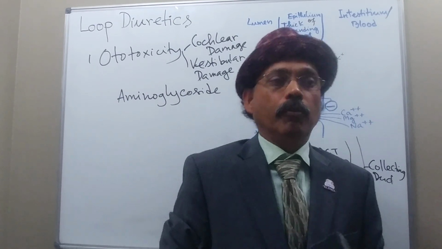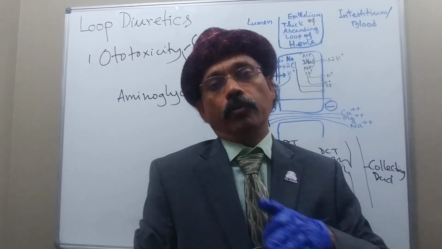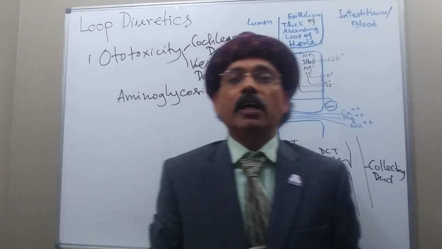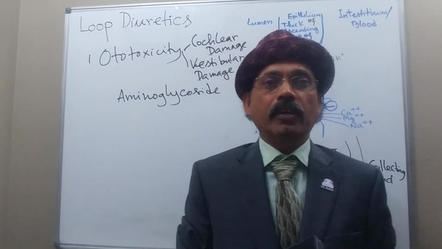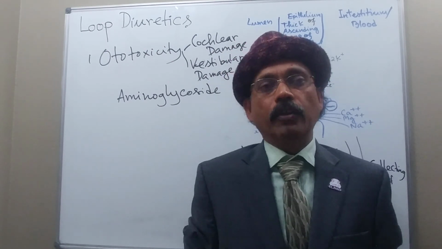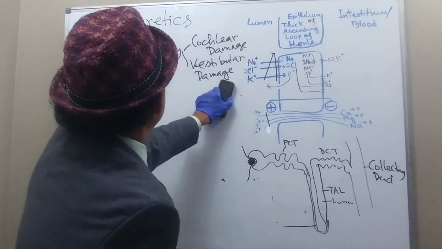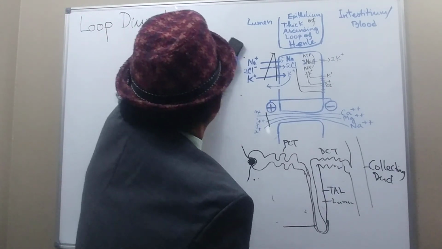So that will increase ototoxicity because they also cause ototoxicity. Even some anti-metabolite, some type of anti-cancer drug, may also enhance the ototoxicity. So ototoxicity may happen with the loop diuretics.